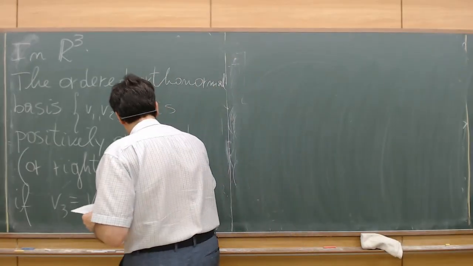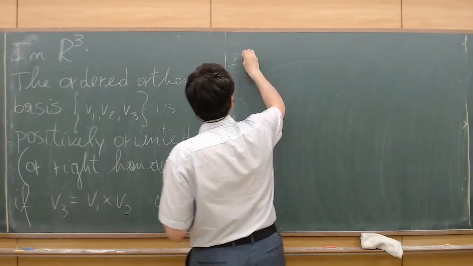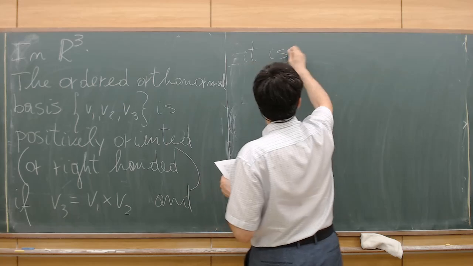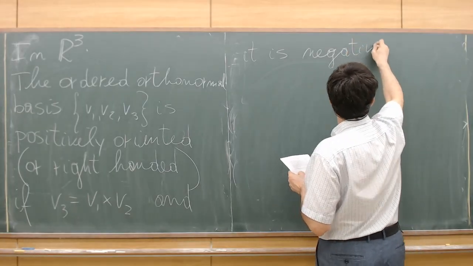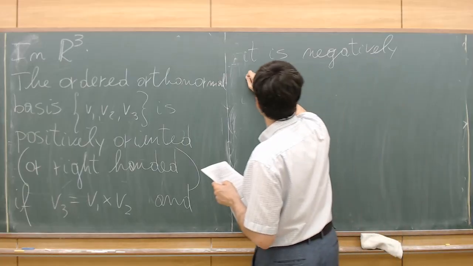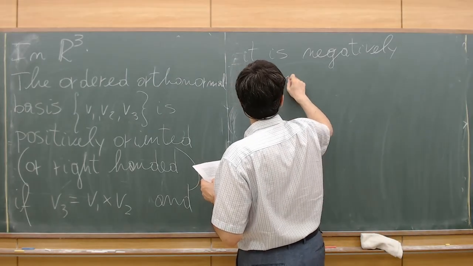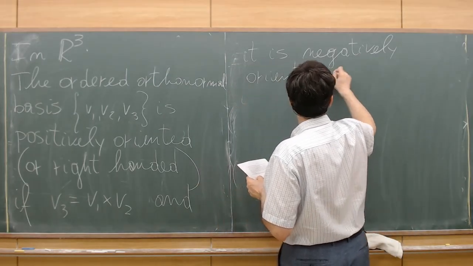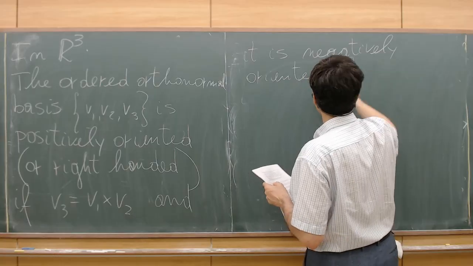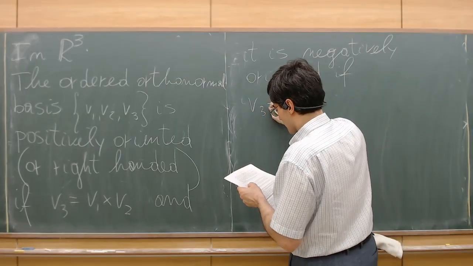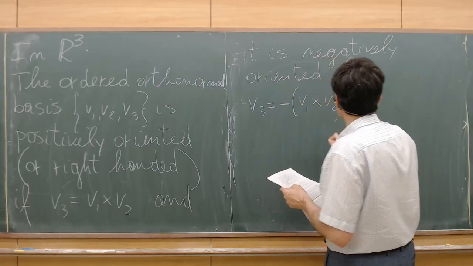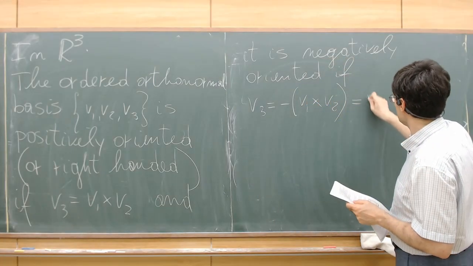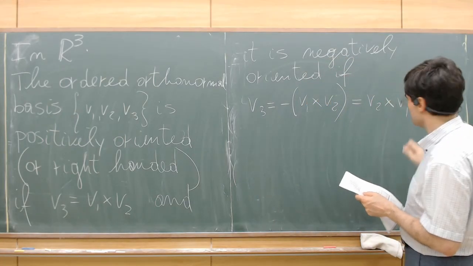And it is negatively oriented if V3 is minus V1 cross V2, that is V2 cross V1.